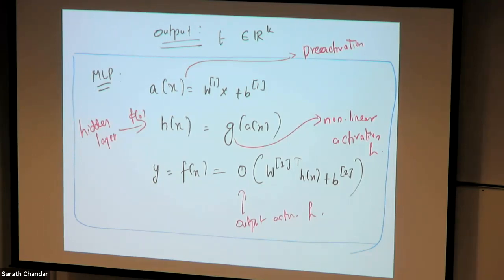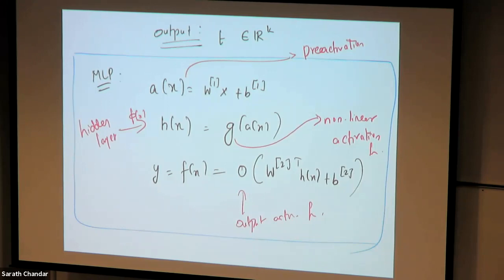And similarly, if you want to do logistic regression, it is basically y is equal to sigma of W transpose x plus B, right? On the other hand, this MLP is implemented by this set of equations. You first compute a of x, then you compute h of x, then you compute the output y.